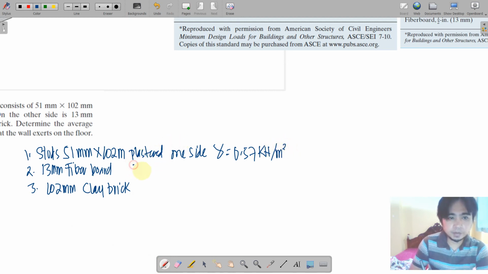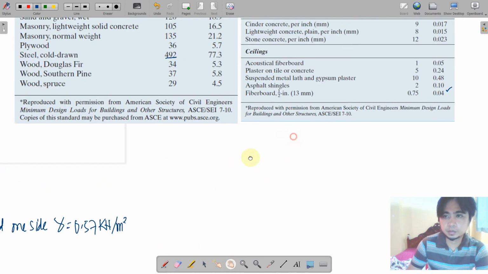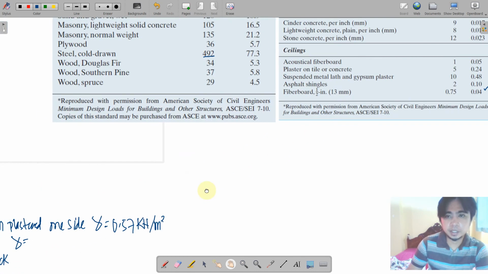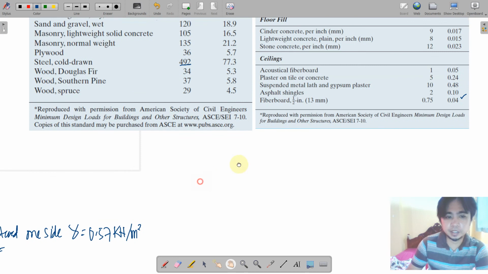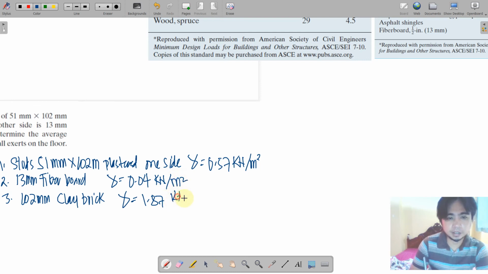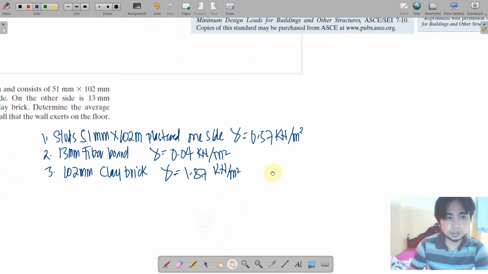And then for the fiberboard, we have 0.04 and clay brick is 1.87, both in kilopascal. Okay, so we shall now compute.